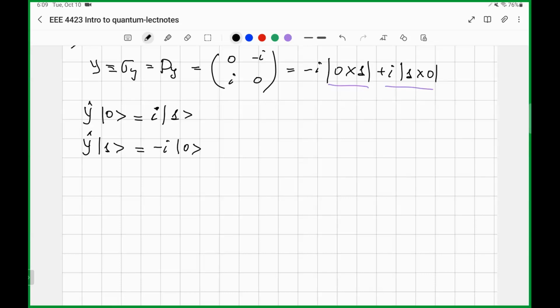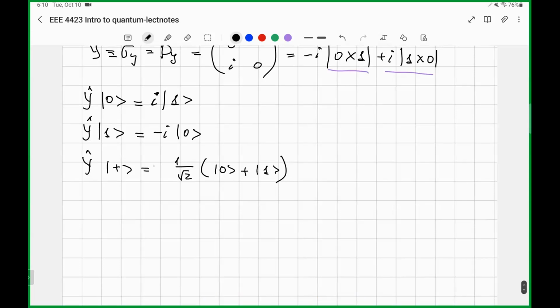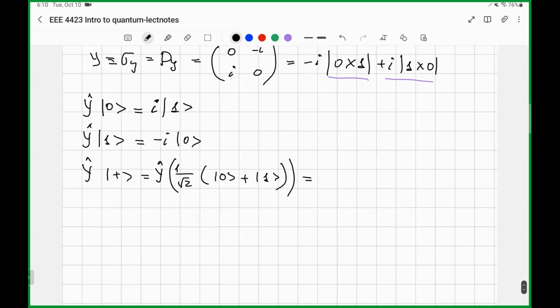If I apply this on the state, for example, plus. State plus is 1 over square root of 2, state 0 plus state 1. And I apply this Y gate on this. We just saw that the 0 state becomes 1 with the imaginary unit, so it's going to be i state 1.